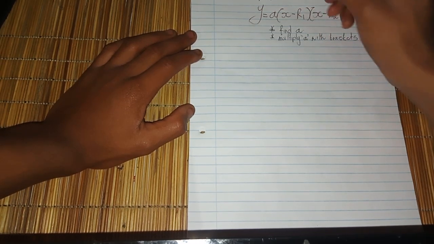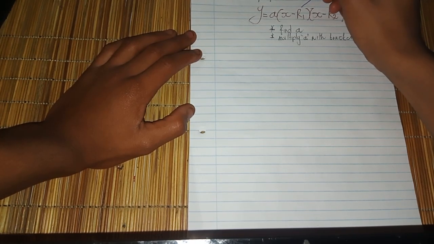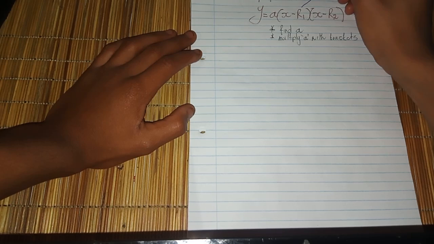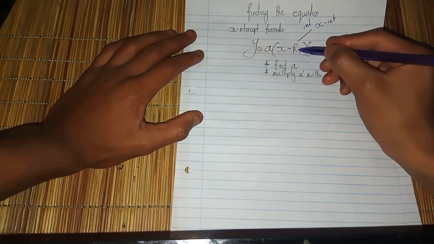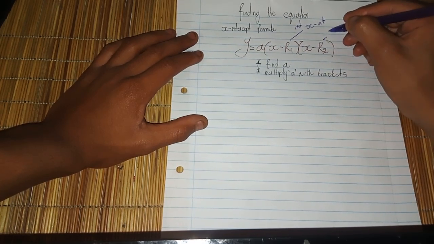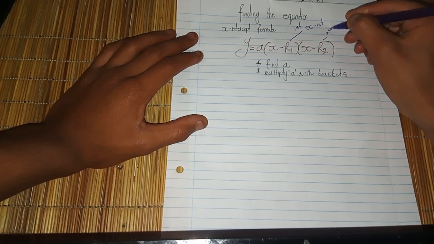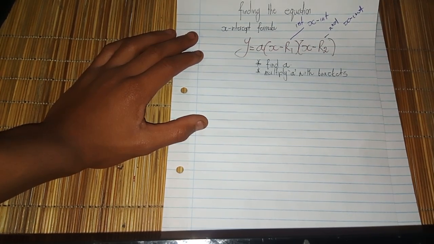Now, R1 is the first x-intercept. R2, as you can guess, is the second x-intercept. Please use that order, though you can swap them around.